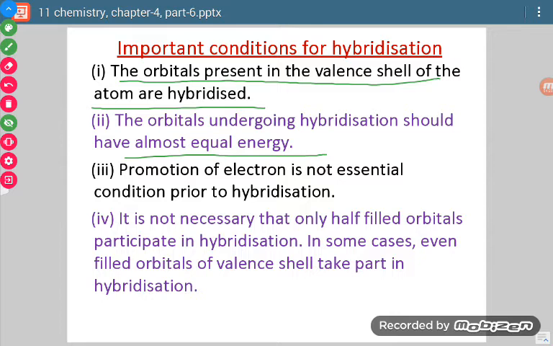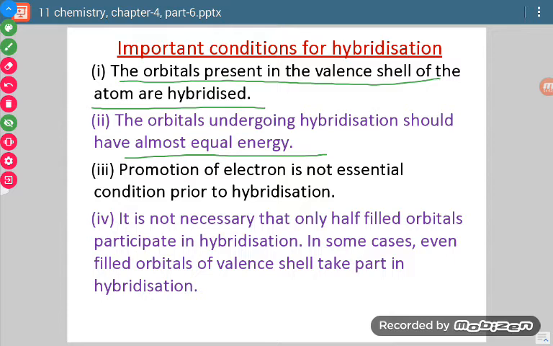Almost equal energy means in the energy level diagram, they should not be very far from each other. If they are very far from each other, then there will be a lot of energy gap between them. So they should be nearby. Just like if 2s is there, then 2p should be there, because after 2s, 2p comes. So there should be very little difference in their energies.